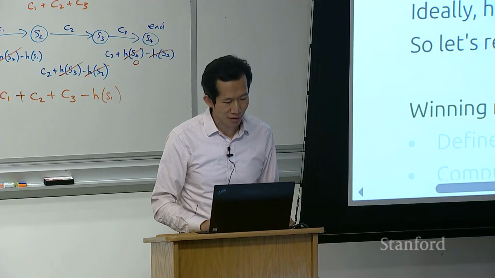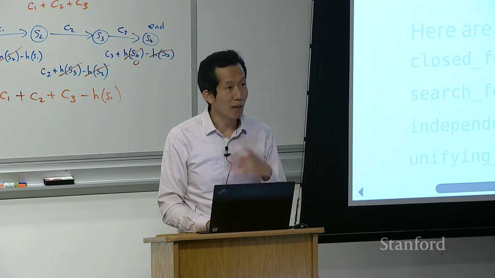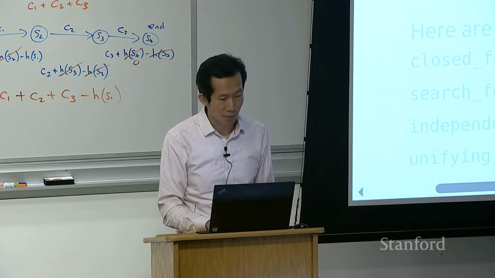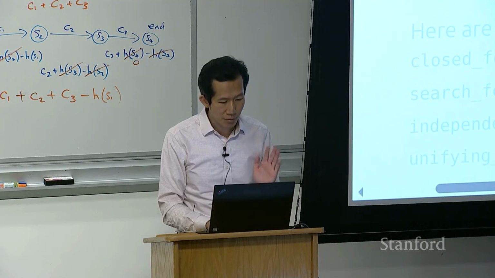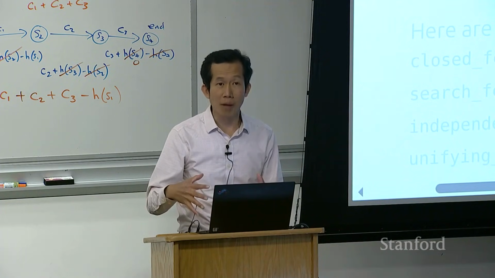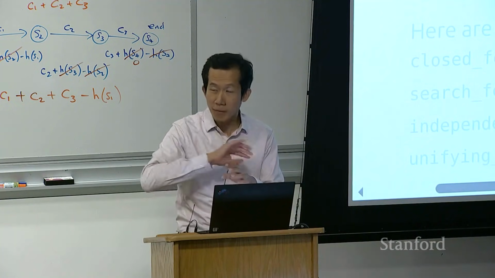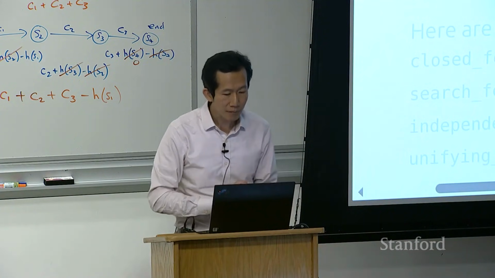Okay, so here's the winning recipe. You define a relaxed problem by getting rid of some constraints of your original problem. You compute the future cost under that relaxed problem. So for every state, you have a future cost with respect to a different problem, the relaxed problem.